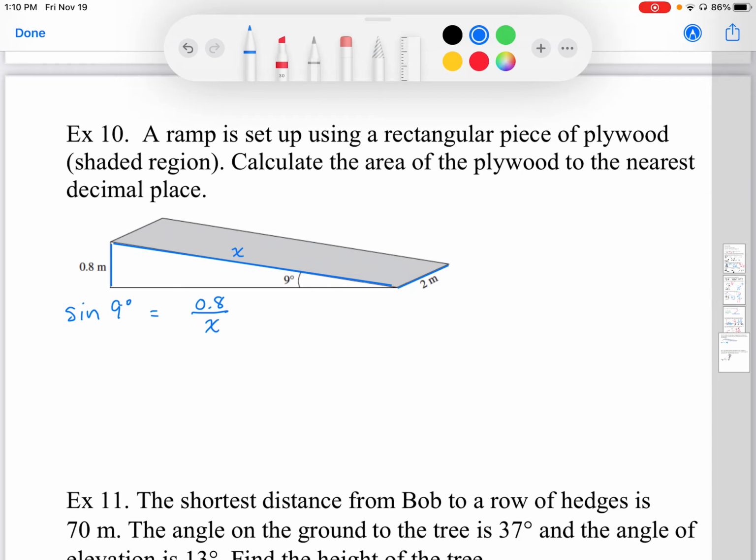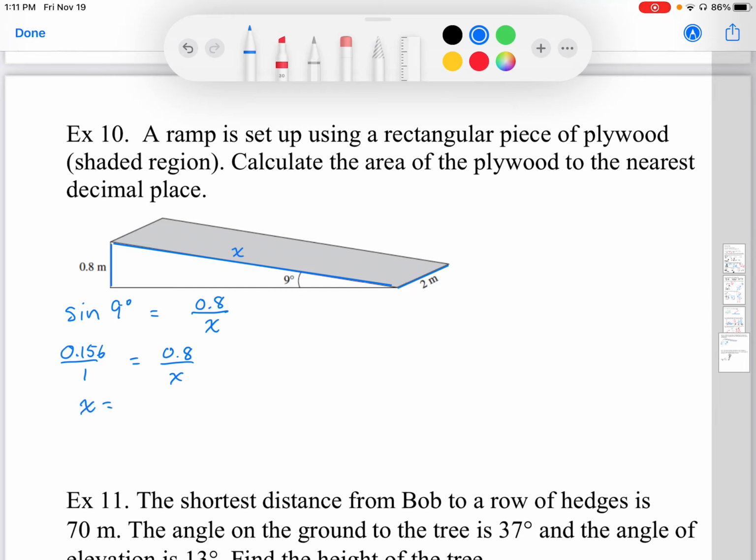Once I find that, I need my calculator. I have the angle, I need the ratio. So sine of 9 degrees is 0.1564, so I'm going to round that to 0.156. 0.156 to 1 is equal to 0.8 to x.